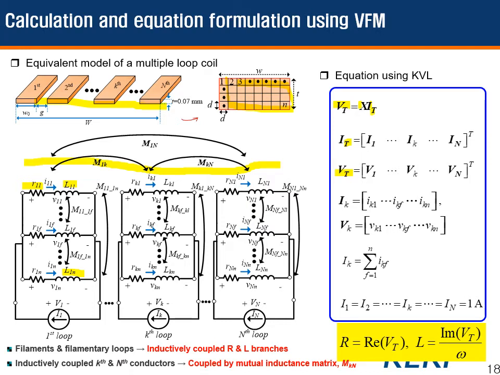By assuming that the current in each conductor is 1 ampere, we can obtain the resistance as the real part of Vt, and the inductance as the imaginary part of Vt over omega. Omega is 2 pi f.